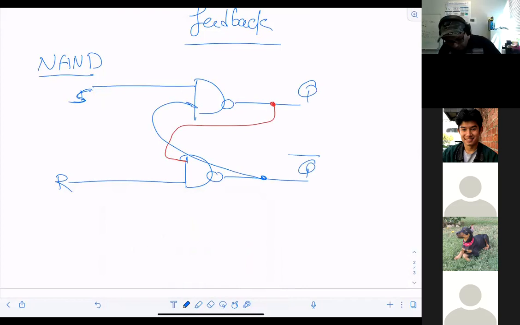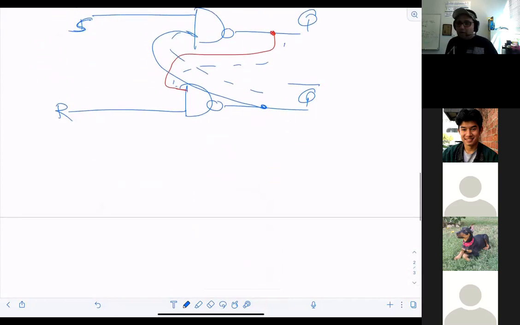So what I did now is make a feedback control for both set and reset. Do you guys agree? Let's see what is the consequence of doing this.